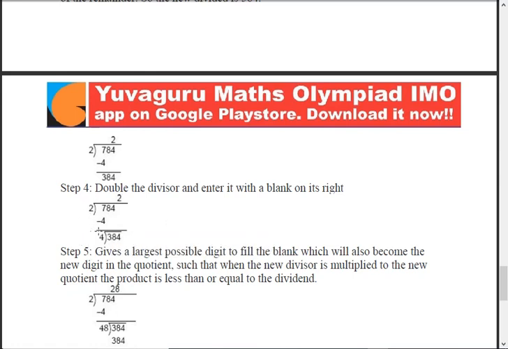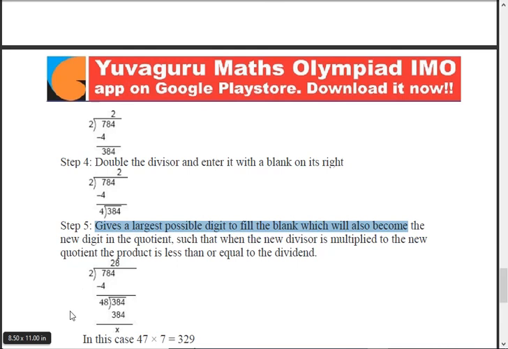Now give the largest possible digit to fill the blank, which also becomes the new digit of the quotient. 384 is over here. So take a number which, when multiplied by the same number, gives 384: 48 into 8 should be 384. Would 47 into 7 do? No. So 48 into 8.